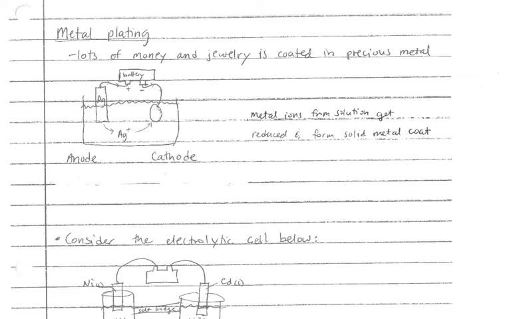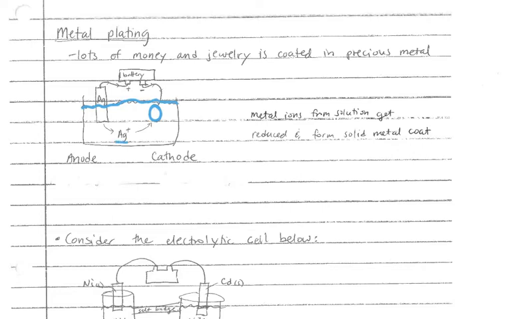Okay, so in this case, we have an electrolytic cell. We have a silver electrode over here, and then we have some coin, let's say right here, that we want to plate with silver. So we have our silver electrode and we have some solution with silver ions in it.